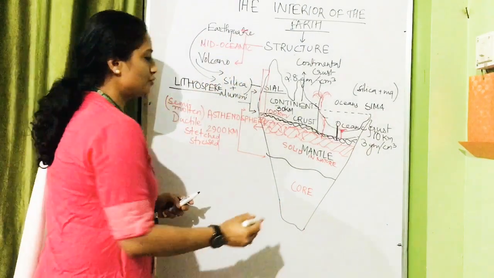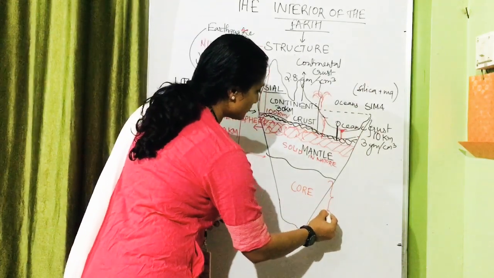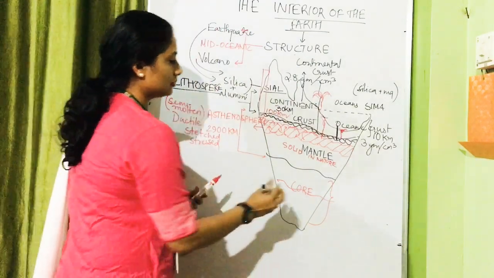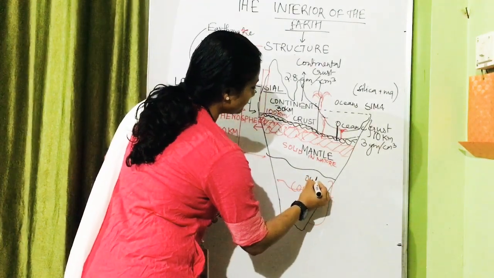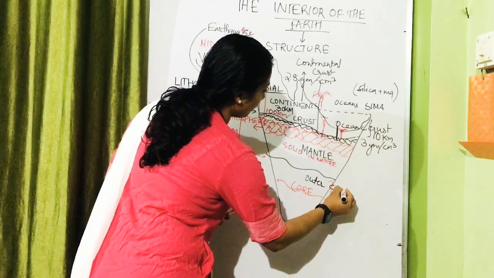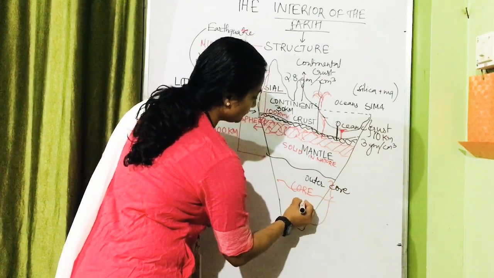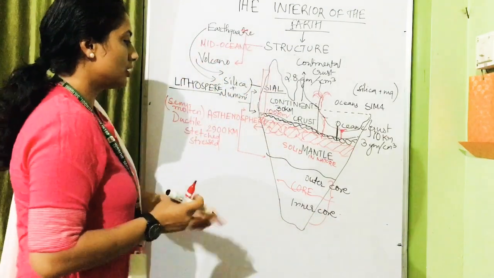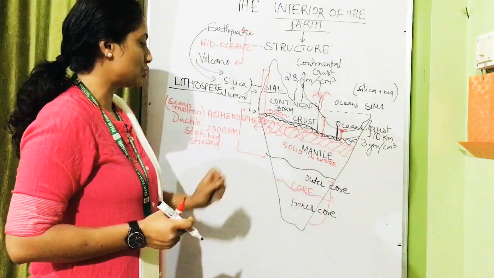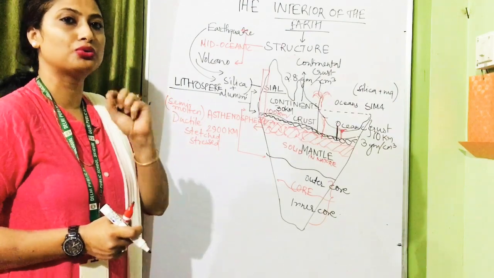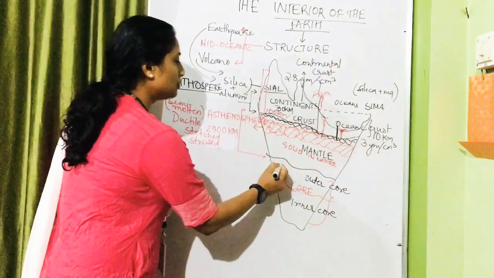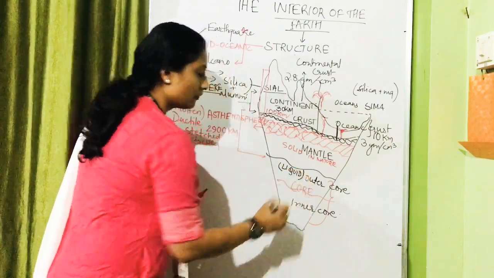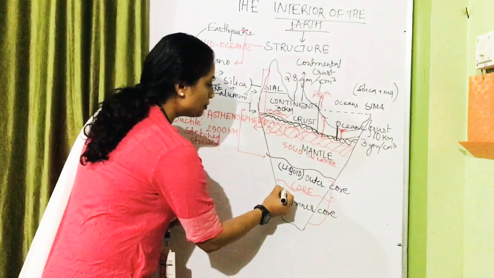Now the core, all of you know, is divided into two categories: the outer core and the inner core. What is most important regarding the inner core and outer core is that when you write about the core, you should write that the outer core is in liquid form, whereas your inner core is solid.